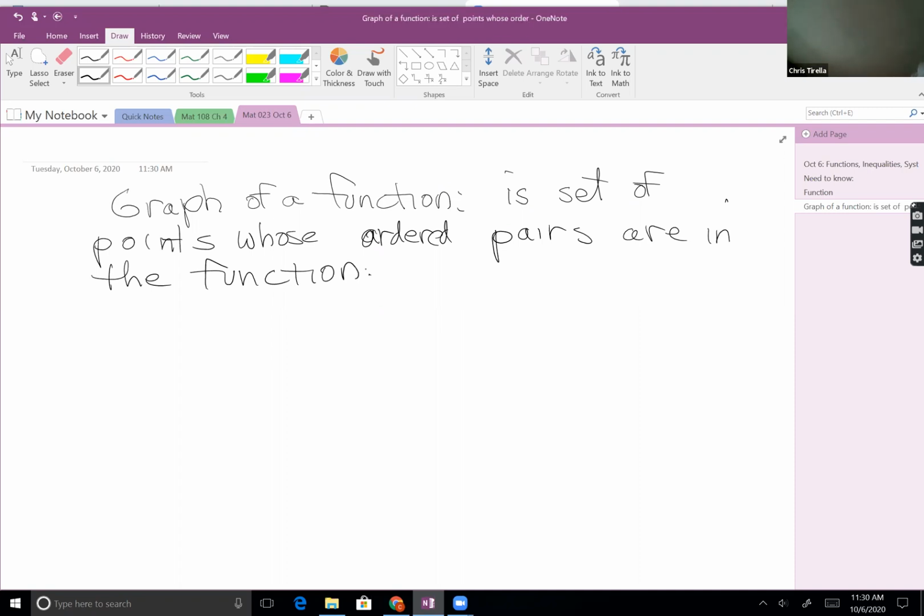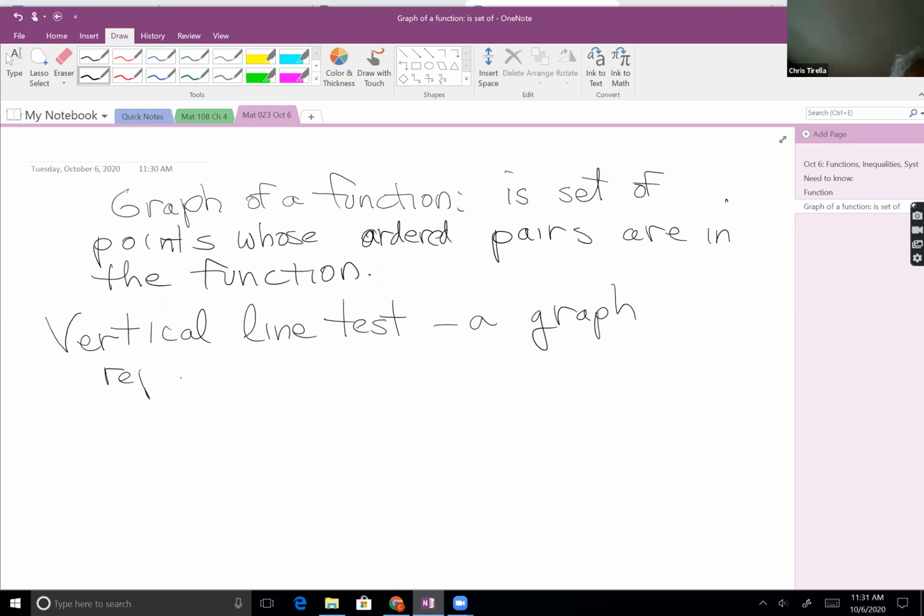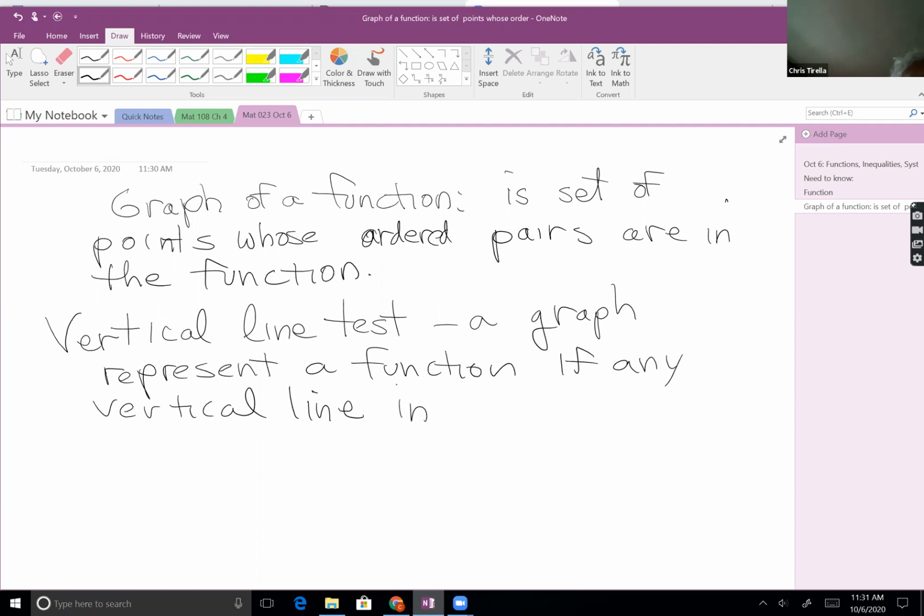And we get something that's called the vertical line test. It says a graph represents a function if any vertical line intersects the graph in at most one point.